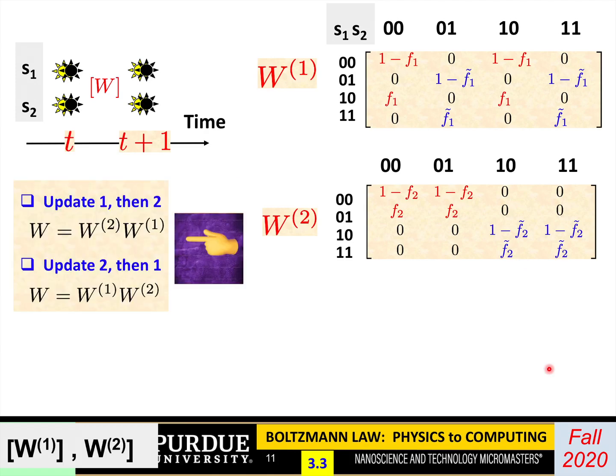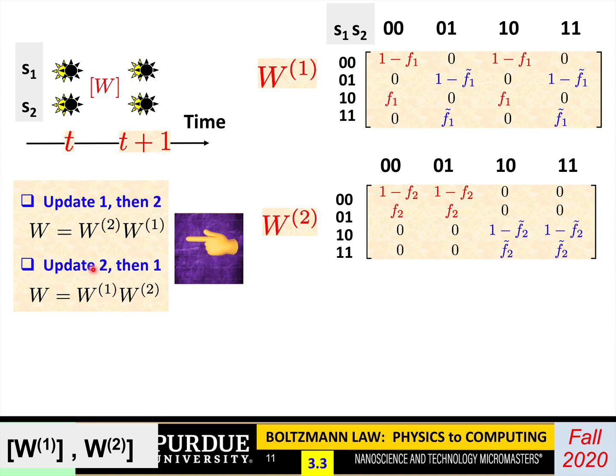Now, how do you apply it to the problem to calculate the stationary distribution? Well, first you have to write the composite W matrix, which you could do either if you assume that you first update 1 and then 2, then you'd put the W1 first, meaning to the right, because that's the one that operates on your distribution first, and then W2.